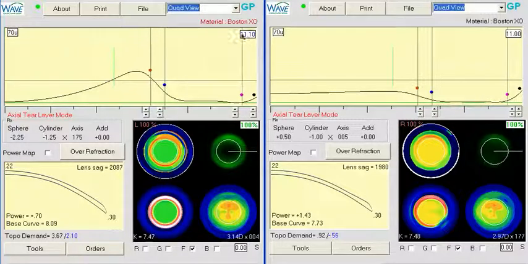Normally what I do is I set the overall diameter to about 0.2 millimeters smaller than the overall diameter as measured on the topography. So with an 11.1 millimeter lens, I would expect this patient to have an 11.3 cornea. If the cornea is a little bit bigger or smaller than that, then you can adjust the diameter accordingly.